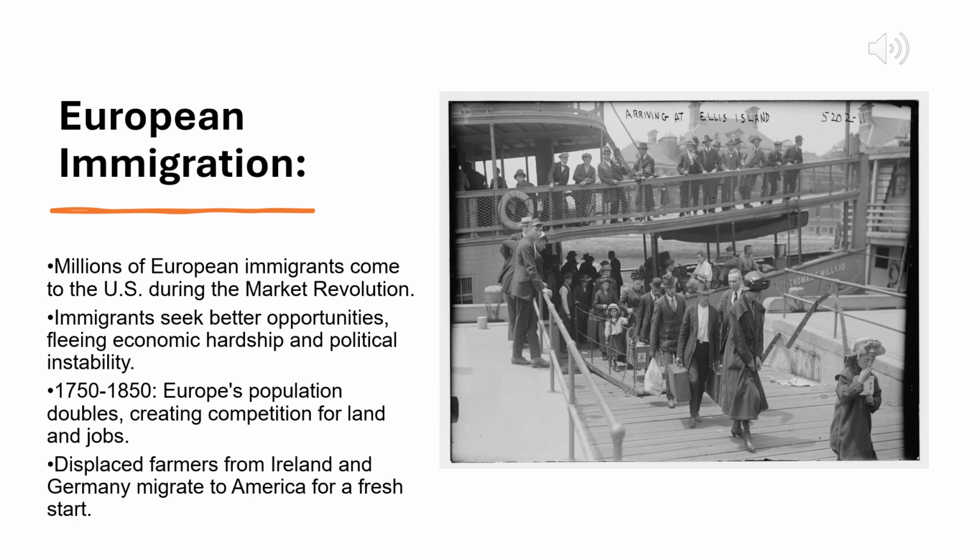Landlords in countries like Ireland and Germany consolidated their holdings and introduced new machinery, pushing small farmers off the land. These displaced peasants, facing economic hardship and limited opportunities at home, looked to America as a land of opportunity where they could start anew.